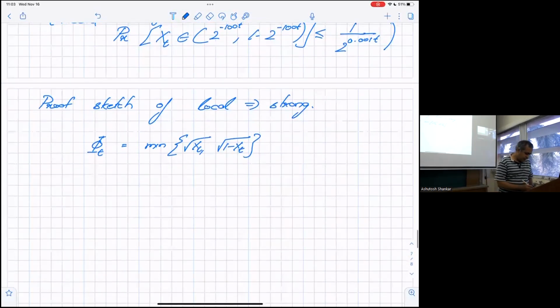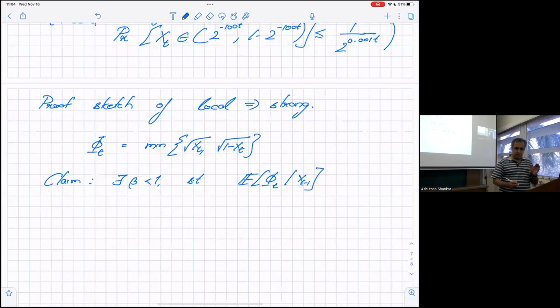And the claim, which is not hard to see, uses both variance in the middle and fraction at the end: there exists a beta less than 1 such that the expected value of V_t, conditioned on the past X_{t-1}, shrinks by a factor.